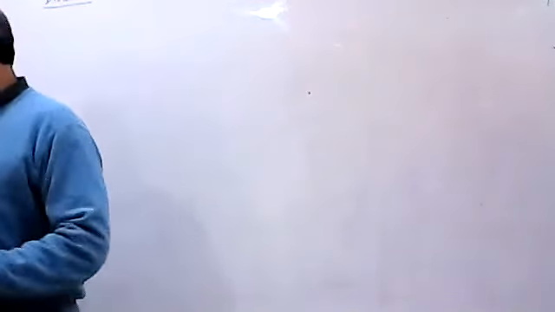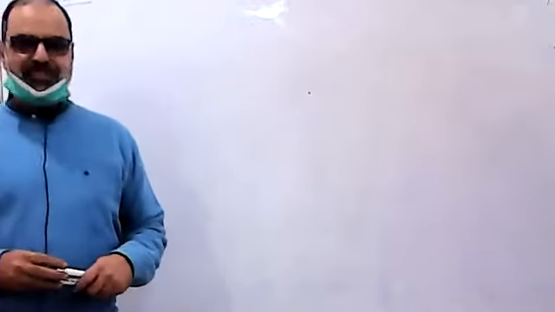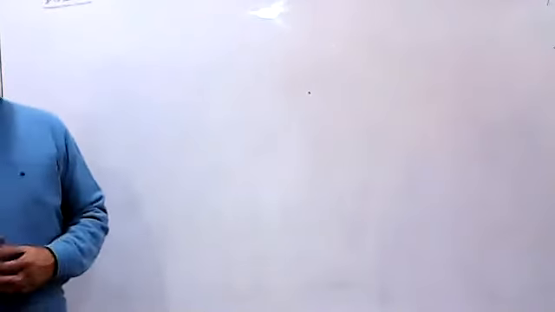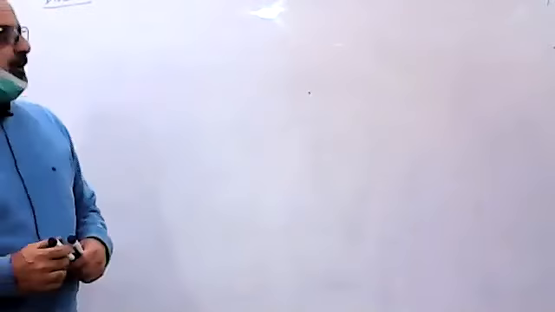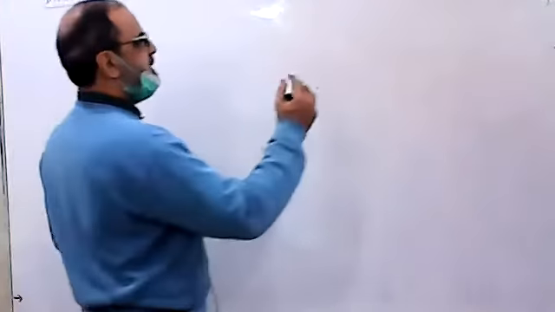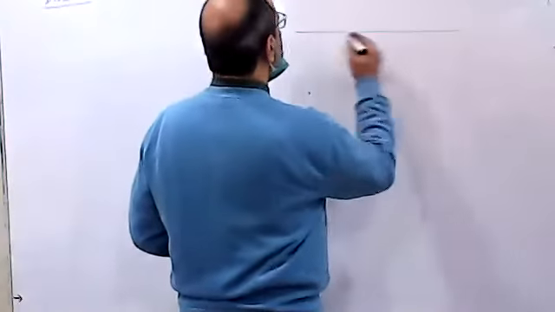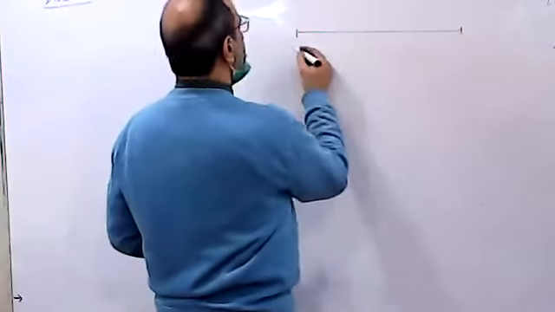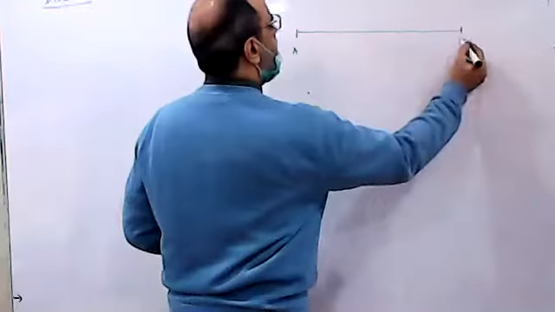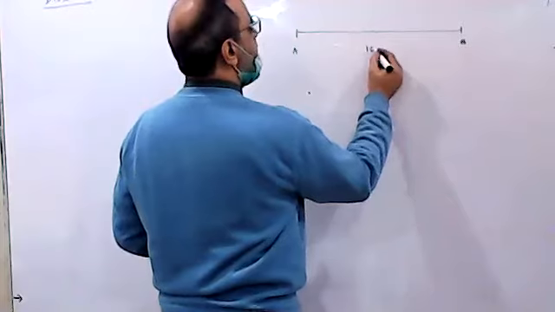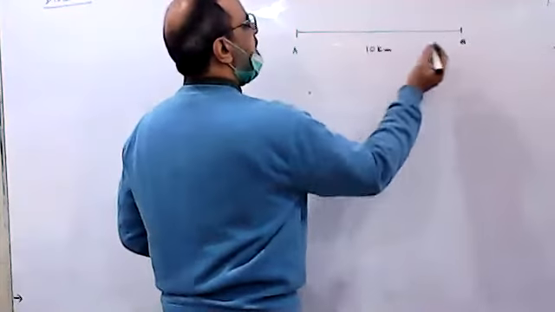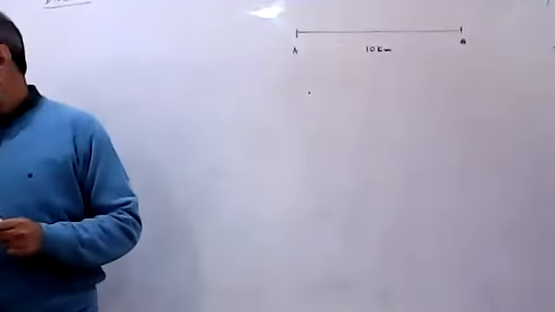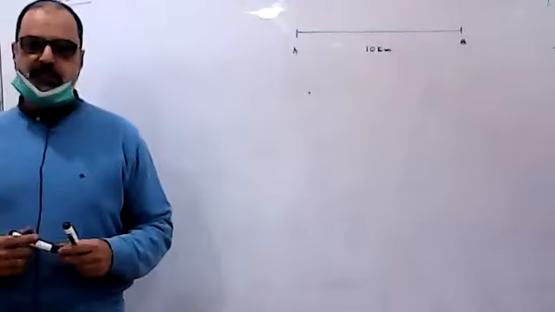Distance is a term that we are using every day, but what does distance mean? It is the length of the path. If I consider a path from A to B, that is say 10 kilometer, then the length of this path is called the distance.